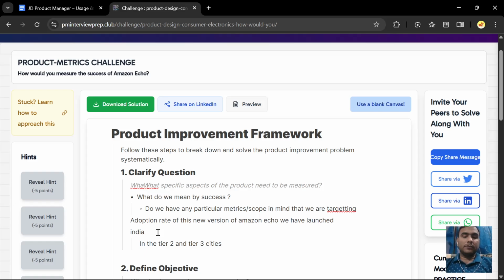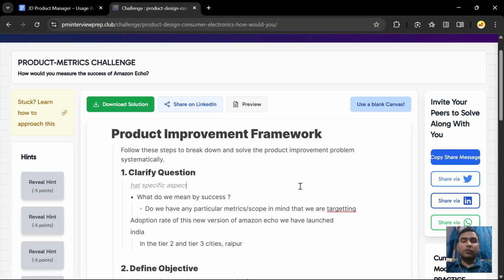For the sake of our conversation, I will take a city, supposing I take Raipur, where we have launched this Amazon Echo and are looking at the adoption rate.